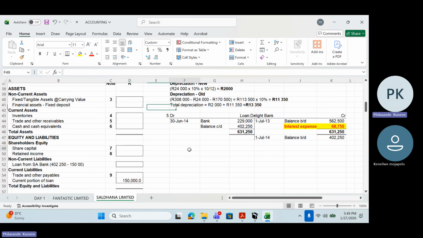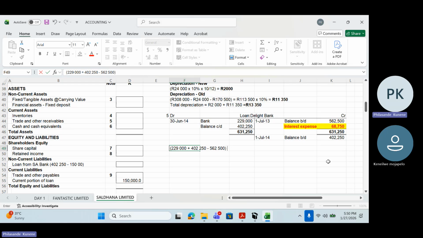68,750, right? But in terms of the workings as well, we can do the workings by saying 229,000 plus 402,250, and then minus the one on the other side, which is 562,500.